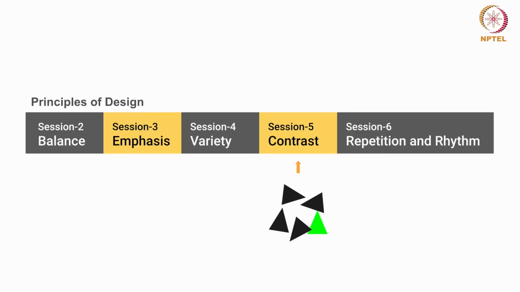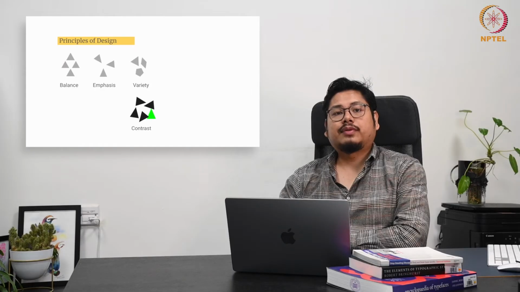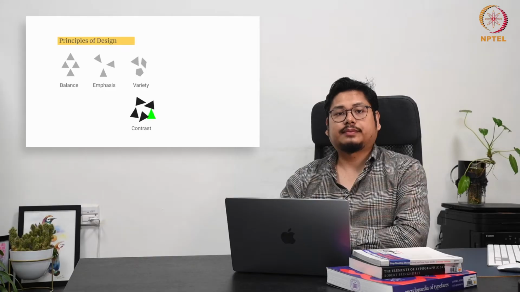So in design, contrast refers to the use of opposing elements to create visual interest, highlight key components, and guide viewers' attention. It's one of the foundational principles because it makes elements stand out and creates a clear hierarchy within a composition.